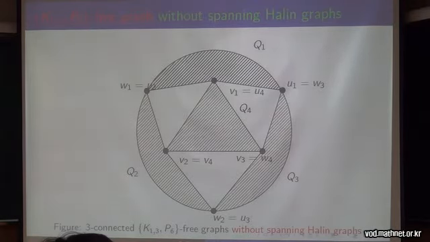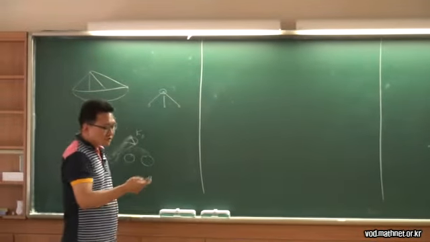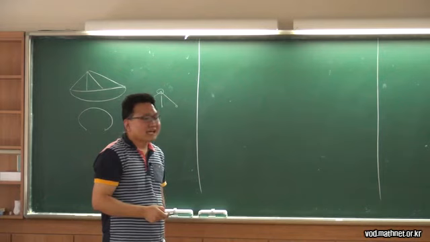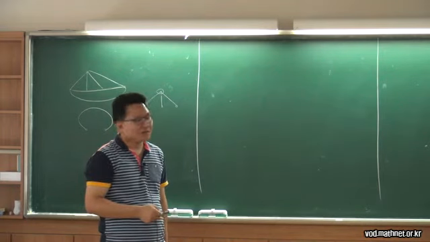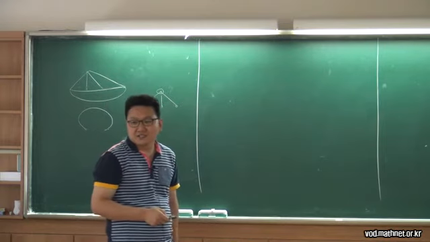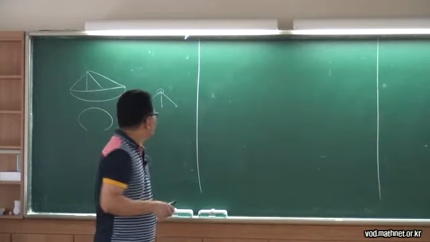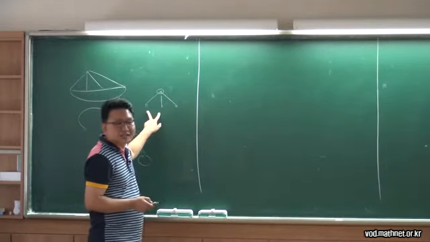And there's no claw in this subgraph. If there is a claw, then what happens? So this is called a central vertex. The central vertex must be inside of one of the cliques, or must be an identified vertex. In either case, at least two of the leaves must be in the clique.